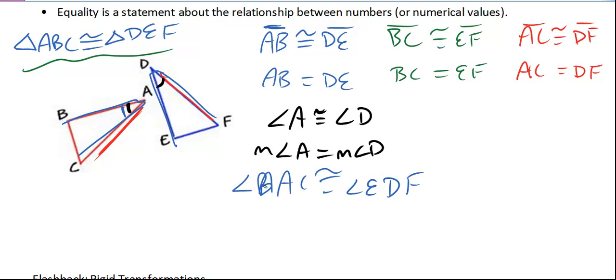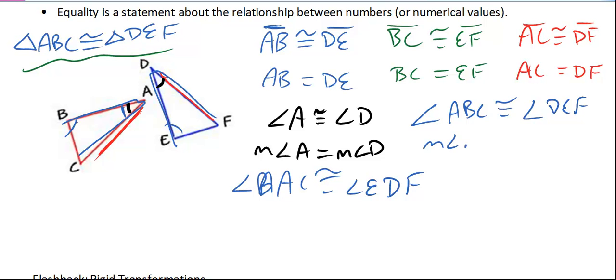Okay, we usually use three because sometimes in our diagrams, one letter is not enough to distinguish which angle we're talking about. Along that same vein, we could say angle ABC is congruent to angle DEF. That would be down here and down here.